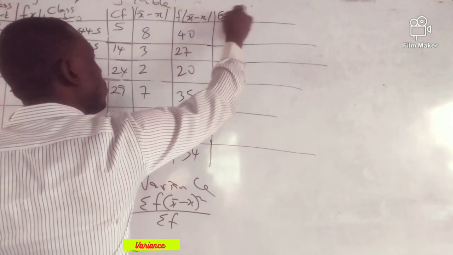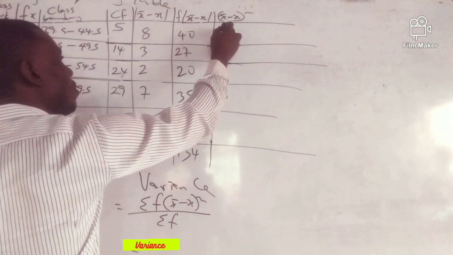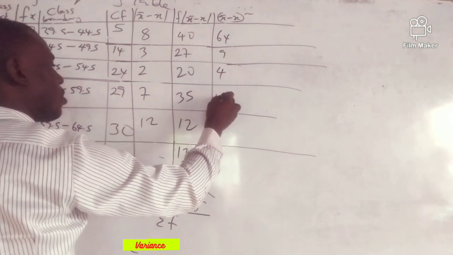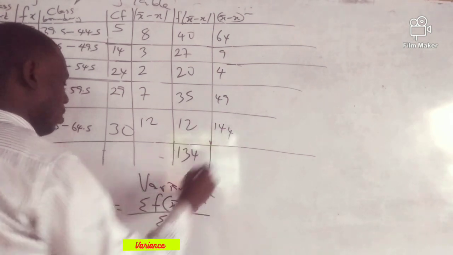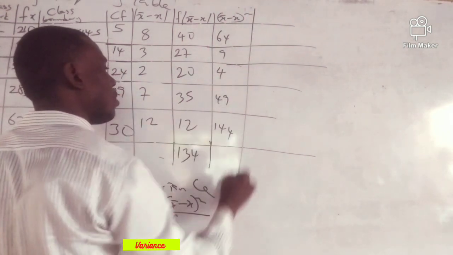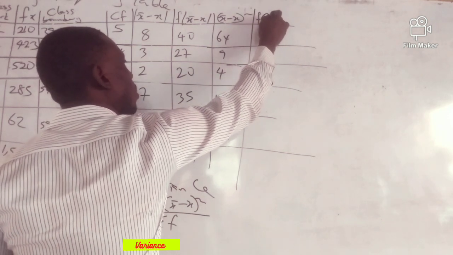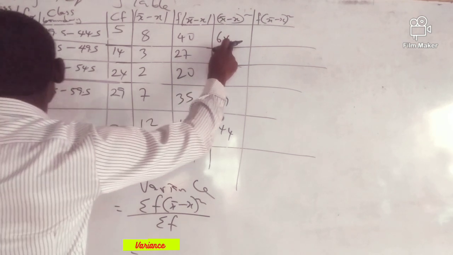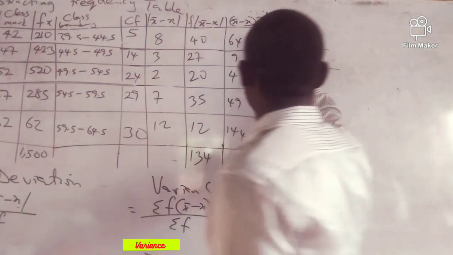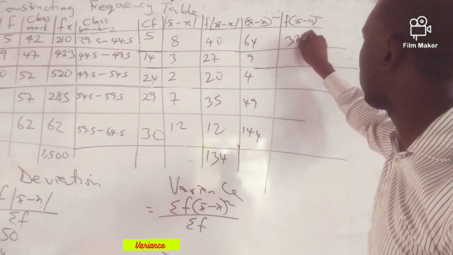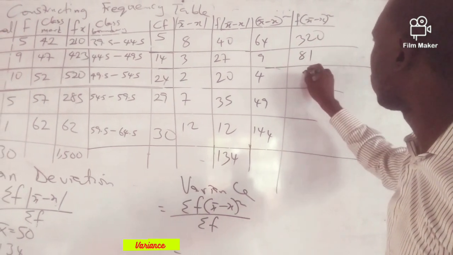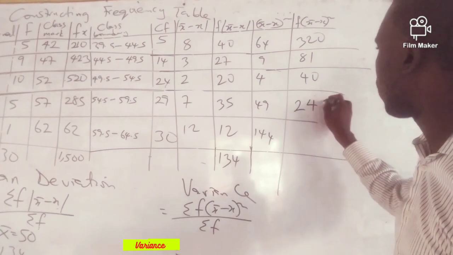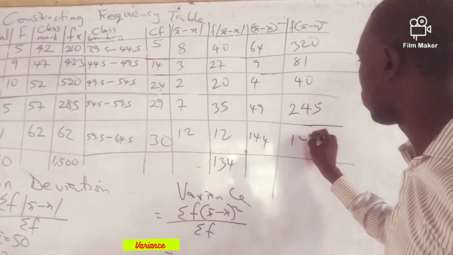Deviation squared: 64, 9, 4, 49, 144. Times by the frequency: 5 times 64 is 320, then 81, 40, 245, 144.